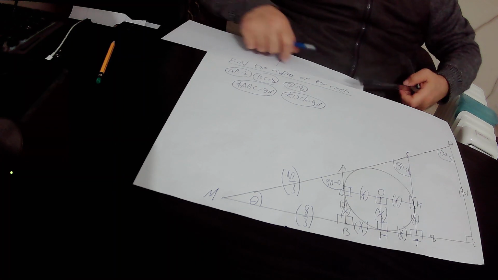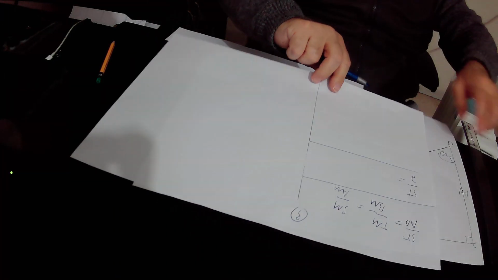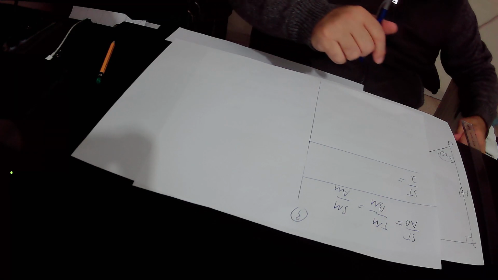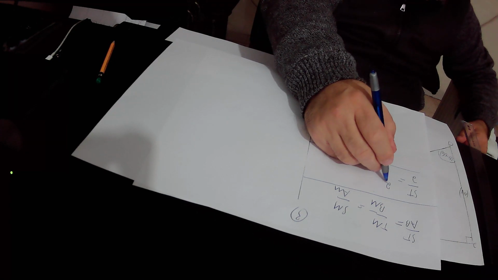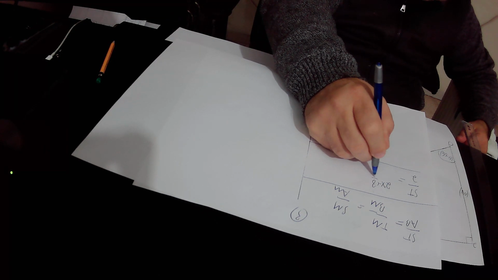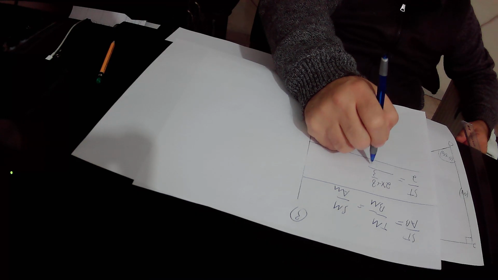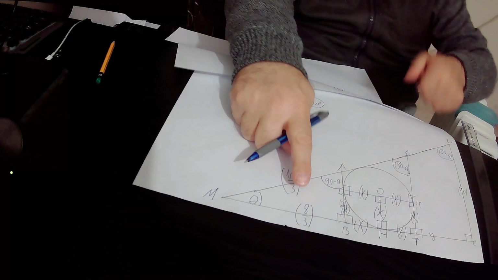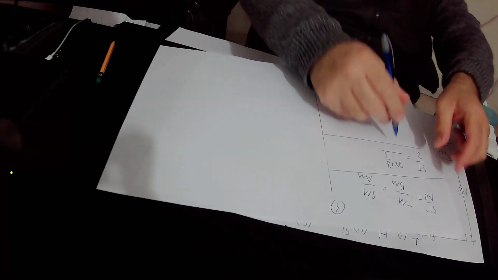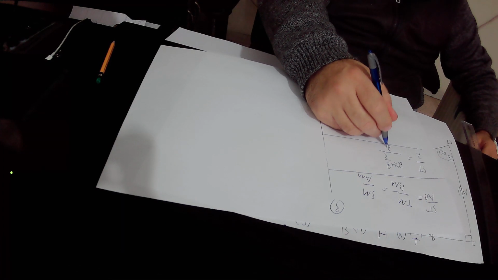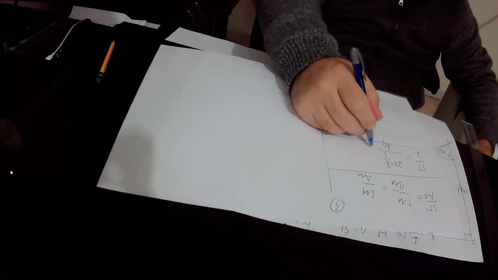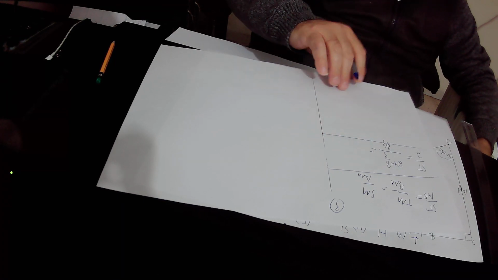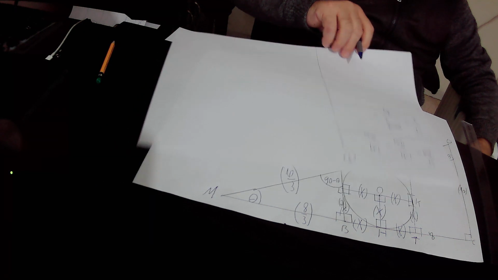So here we substitute TM in this equation by 2x plus 8 over 3, divided by BM. BM equals 8 over 3, so we substitute BM by 8 over 3, and it is also equal to SM over AM.